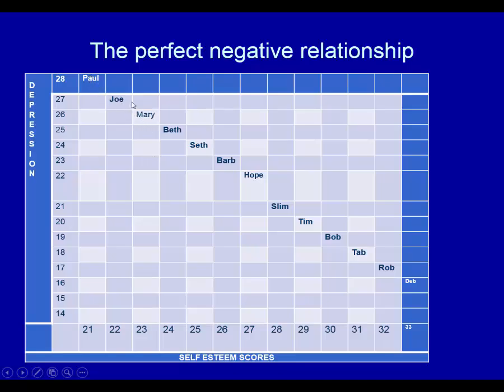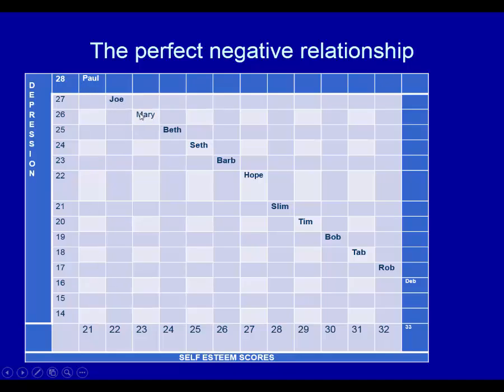Paul is higher than Joe on self-esteem, but lower than Joe on depression.